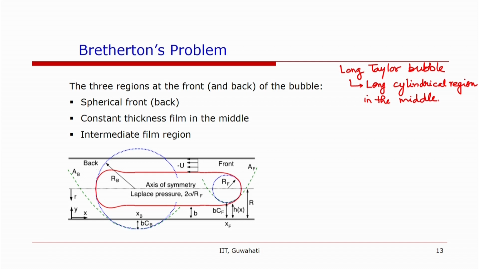If you look at the shape of the Taylor bubble, you can fit the front part, which is part of a circle, and that comes because of the Young-Laplace equation at the front.